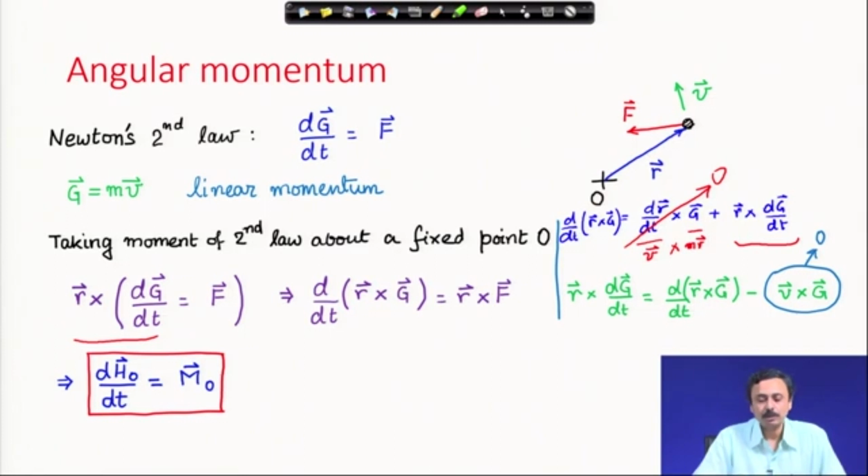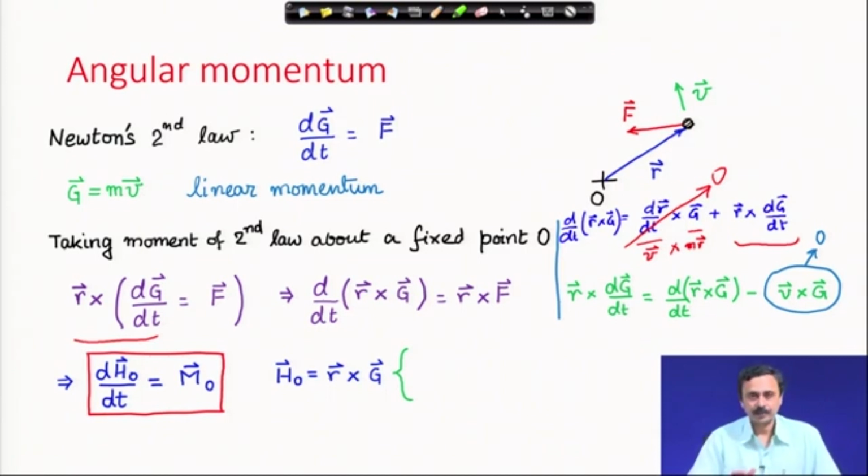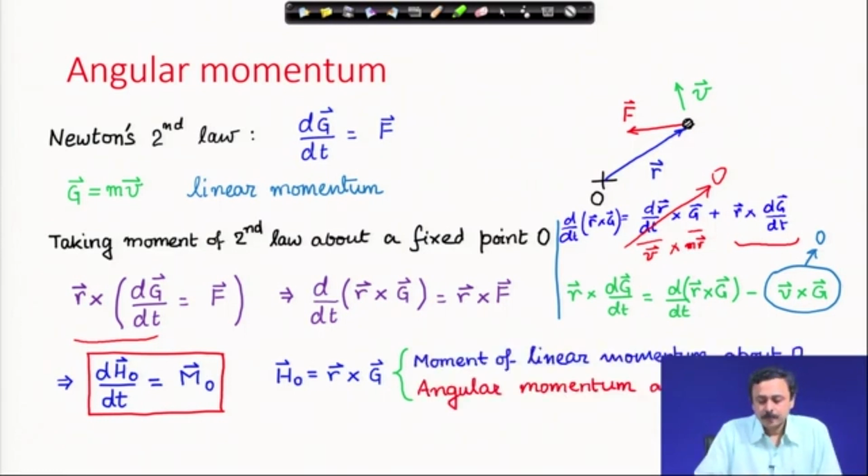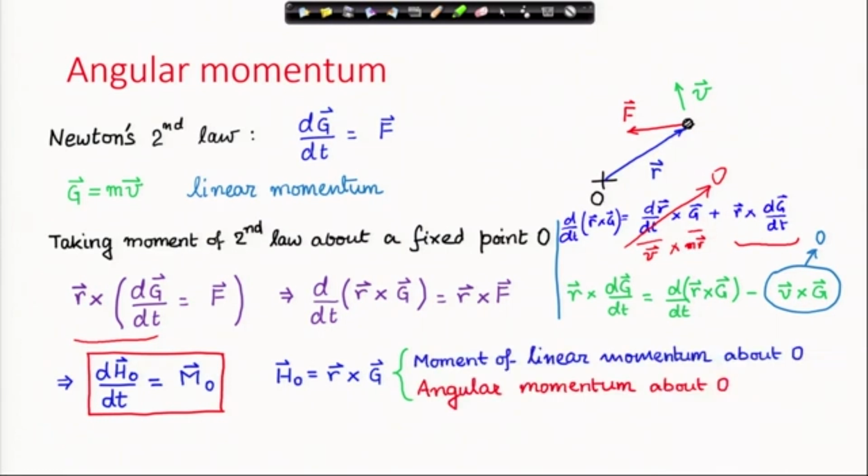Moment of the force about O. Therefore, this H O is a new quantity which we have now obtained by taking the moment of Newton's second law about a point. This is called the moment of linear momentum vector, or also commonly called angular momentum vector.